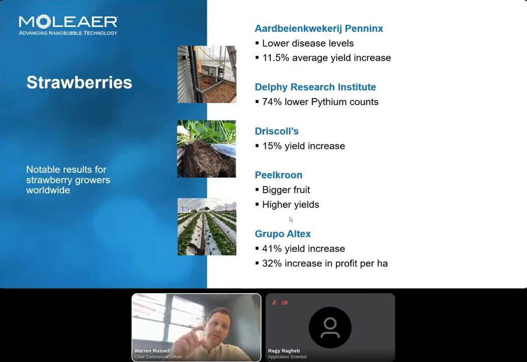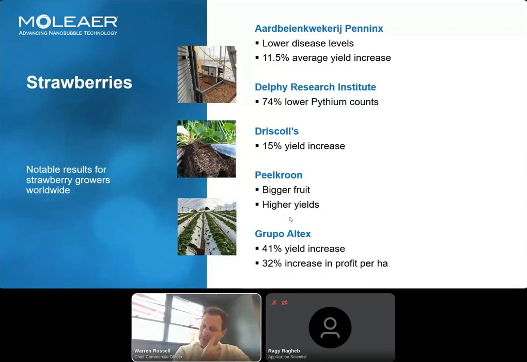What we consistently see, irrespective of the crops, which is now probably over a dozen that we work with, from berries to avocados, citrus, leafy greens, and various other specialty crops, is an improvement in disease suppression, specifically Pythium, Phytophthora, and Fusarium. These are very common ones that we track.